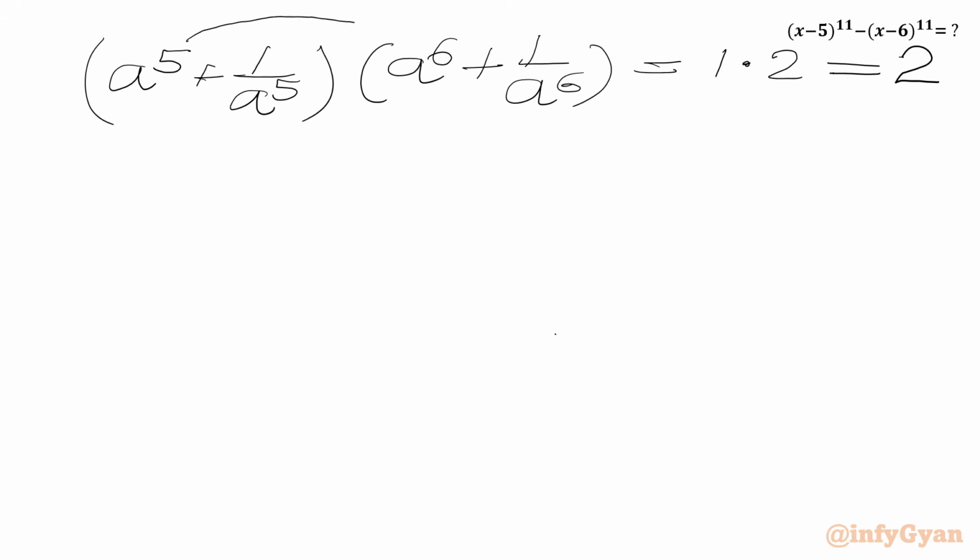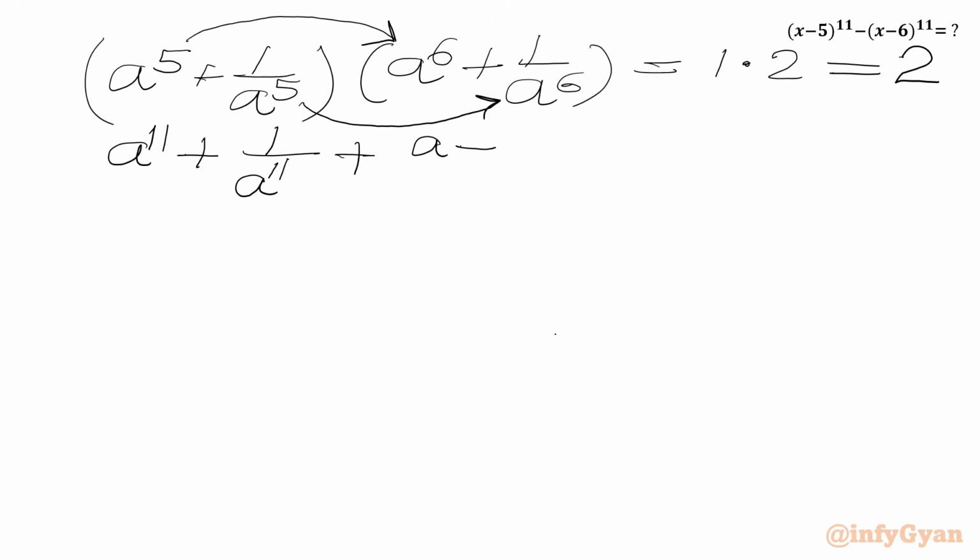Now we will multiply A power 5 with A power 6, A power 11, 1 over A power 5 times 1 over A power 6, 1 over A power 11, plus cross product terms will give us A plus 1 over A. RHS is 2.